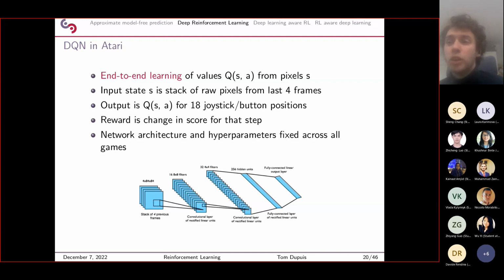You cannot assign a table with an infinite number of rows because you have an infinite number of images. That's the whole purpose. You need a function that computes it for you. So you don't have a big table anymore that stores the value for every state. You have a function that approximates the table. But that is the same in any deep learning case.